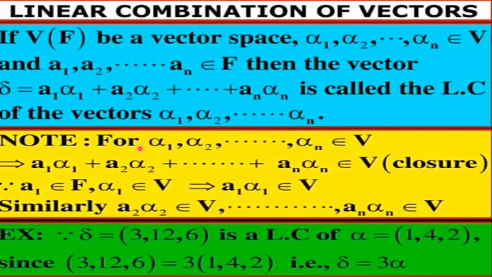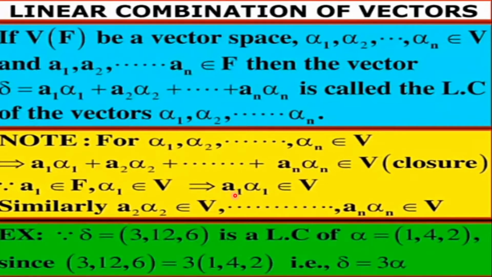Here, alpha 1, alpha 2, alpha n are elements of V, that gives a1 alpha 1 plus a2 alpha 2 and so on plus an alpha n is an element of V, because a1 is a scalar, alpha 1 is a vector, that gives a1 alpha 1 is an element of V because V(F) is a vector space.